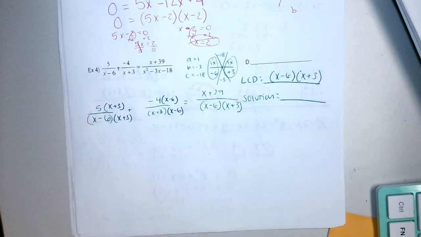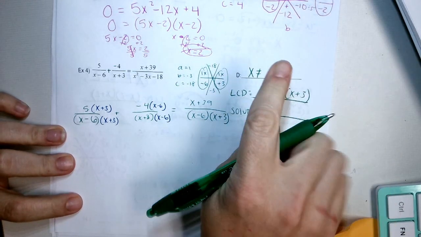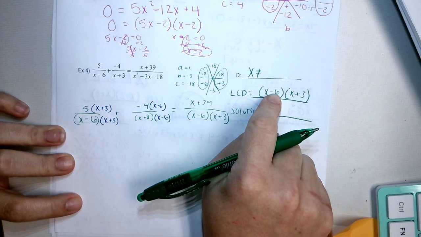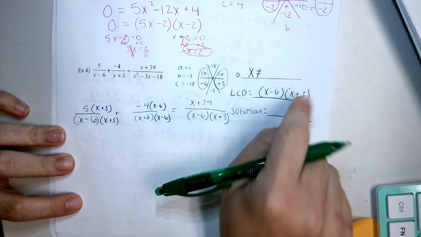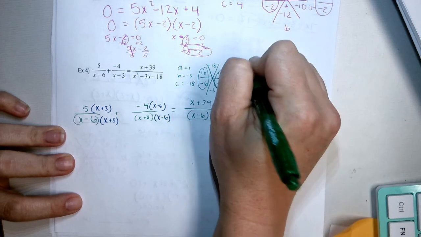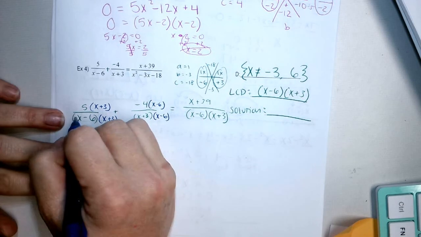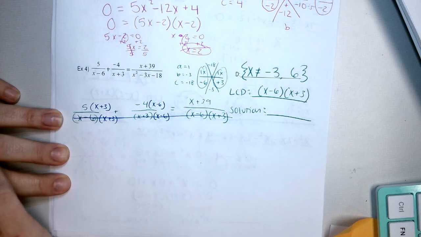But before we keep going, let's find what our domain is. What would cancel this negative 6? And what would cancel this positive 3? So now that our denominators match, we cancel them, and we simplify the top.